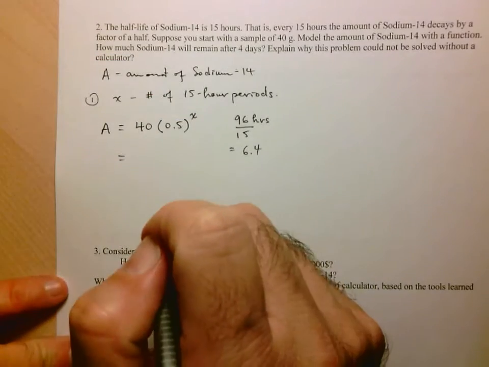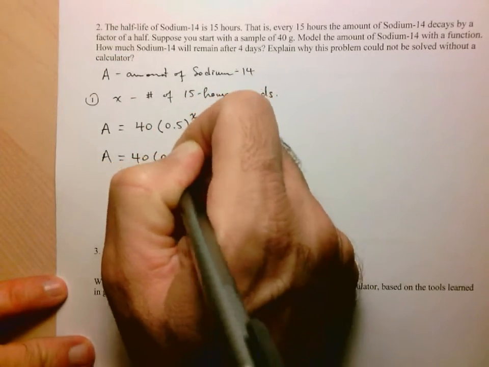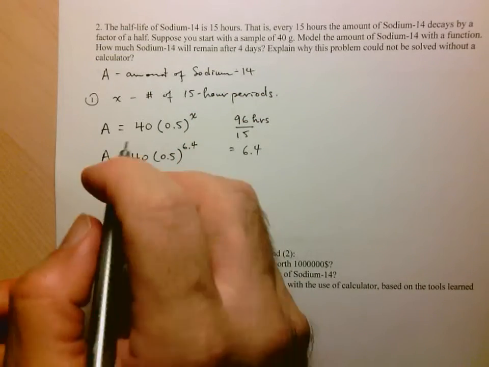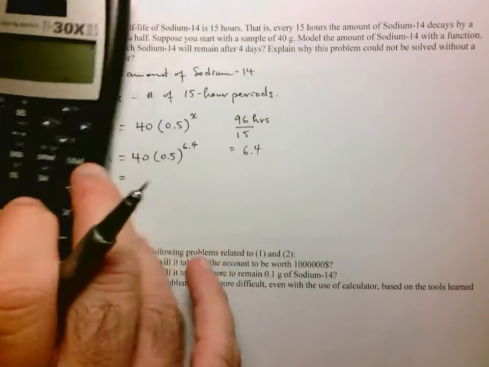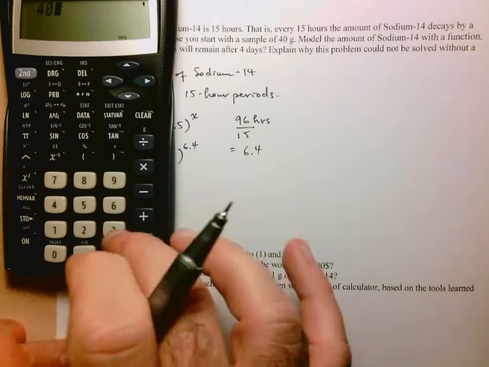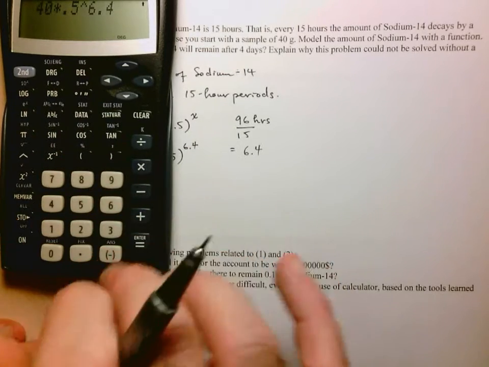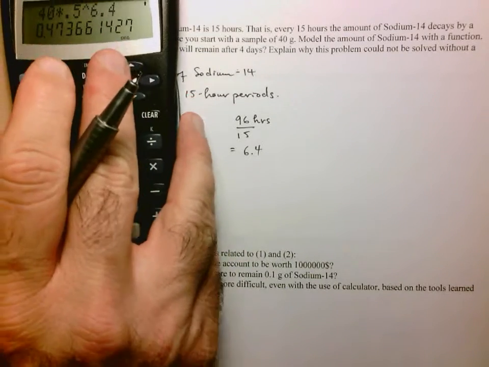Now I can input that into my equation, 40 times 0.5 to the exponent of 6.4, and it looks like we've got about 0.47 grams left.